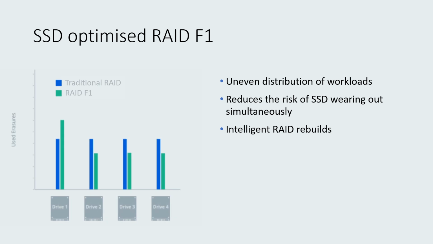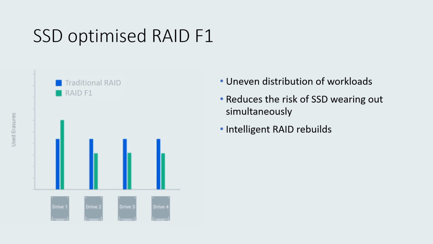Now, this RAID F1, this is a RAID designed by our Synology engineers for all SSD workloads. So it's very much like RAID 5, but there's a small difference in how it writes parity. It writes it to the SSD with the lowest life expectancy. Now, why would you want to do that?